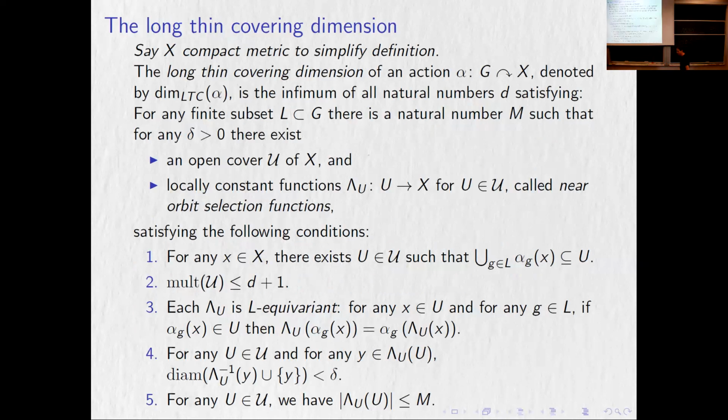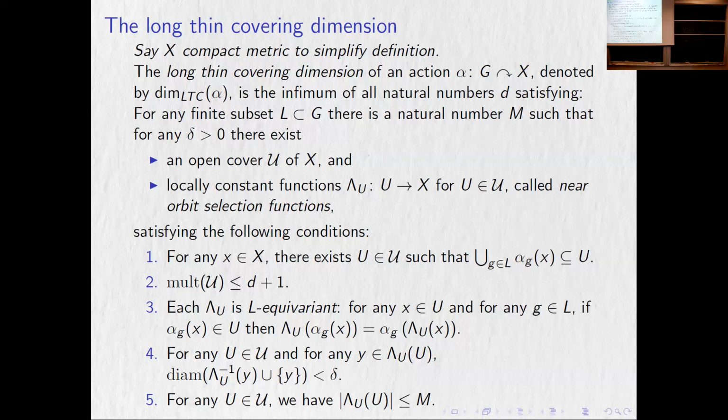Now, I should give you some definition. So here's the definition of the long thin cover dimension, and you can see why you don't want to hear about it. As I said, it's a bit technical. So I'll try to go over that, and then we'll have a break. Good thing, I'll show you a scary definition right before the break, so you can escape. Okay, it is kind of like a Rochlin type thing.